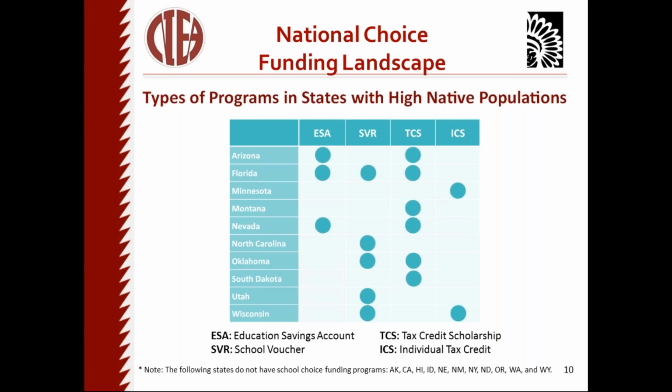Tax credit scholarships, you see Arizona, Florida, the other states. Individual tax credits happen less often. So what you should take away from these slides is that there's a whole different set of ways in which proponents of school choice seek to get funding, typically, to private schools.